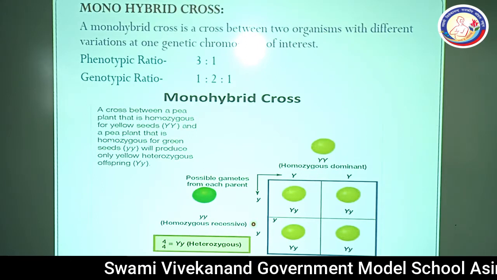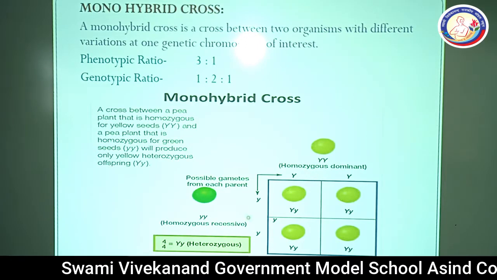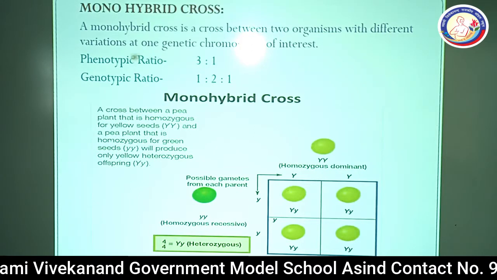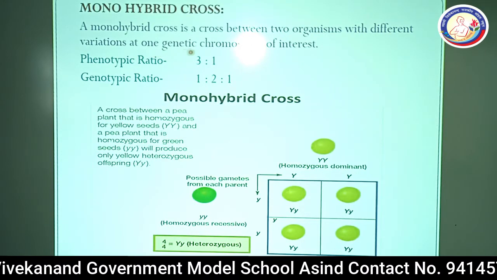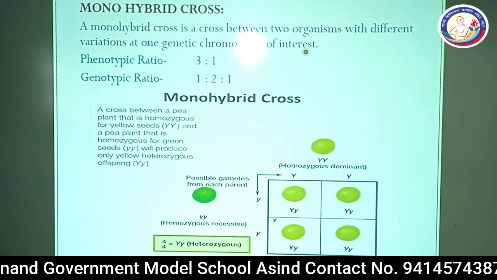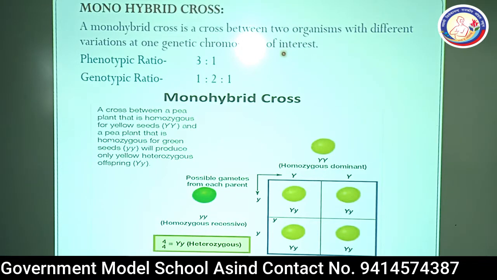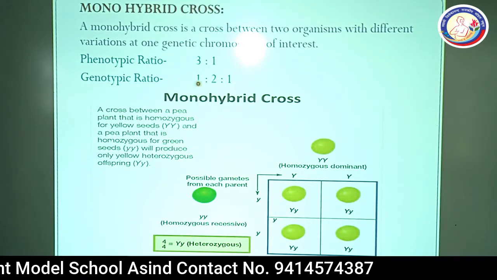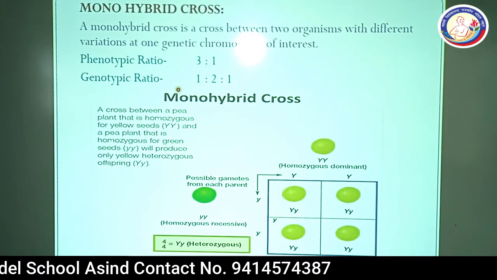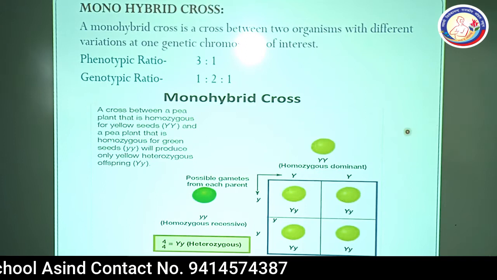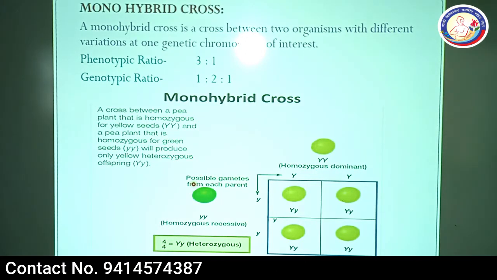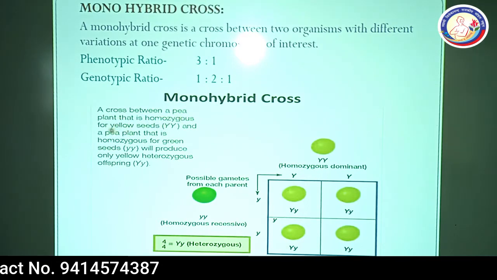Monohybrid cross. What is a monohybrid cross? A monohybrid cross is a cross between two organisms with different variations at one genetic locus of interest. So we will select a single character here, and its phenotypic ratio will be 3 to 1 and genotypic ratio will be 1 to 2 to 1. Again, you can see a monohybrid cross with a different character here, a cross between a pea plant that is homozygous for yellow seeds.